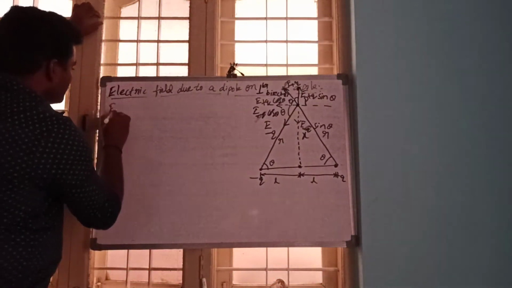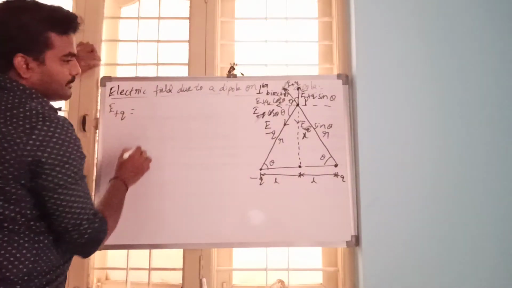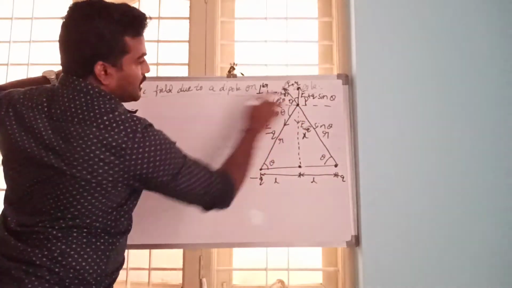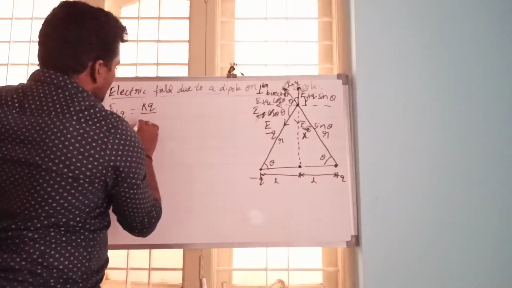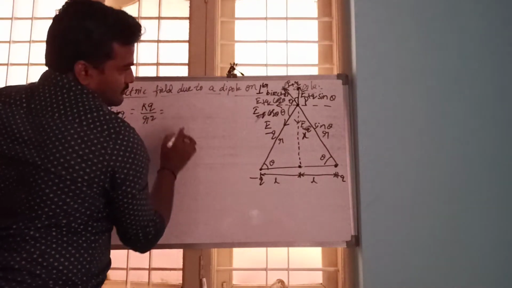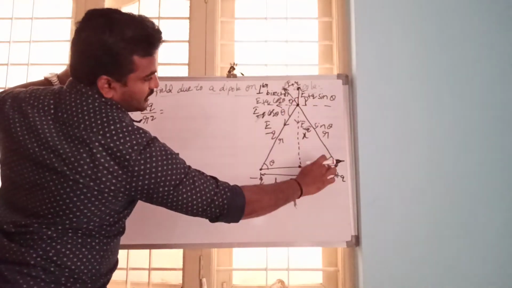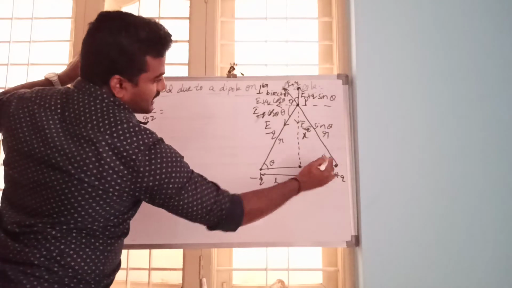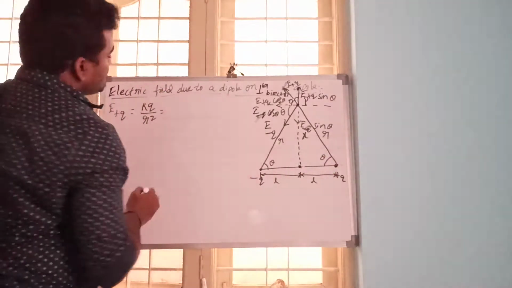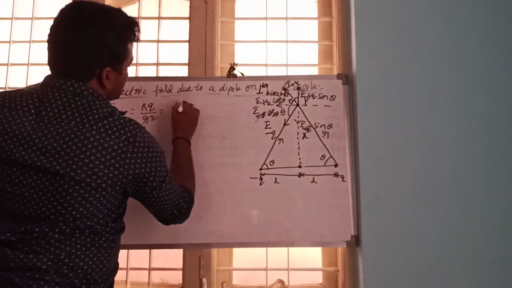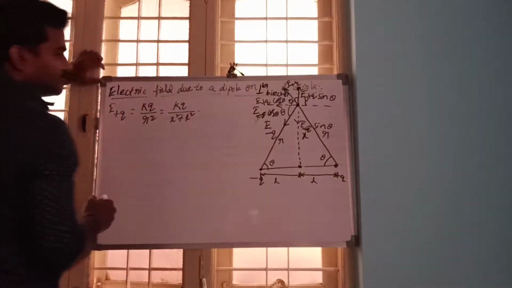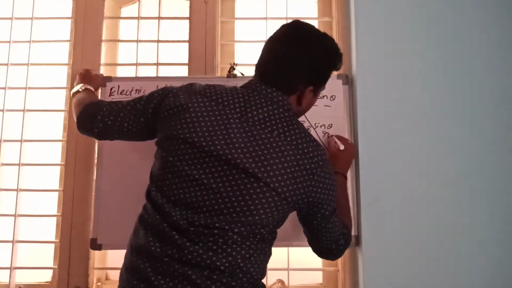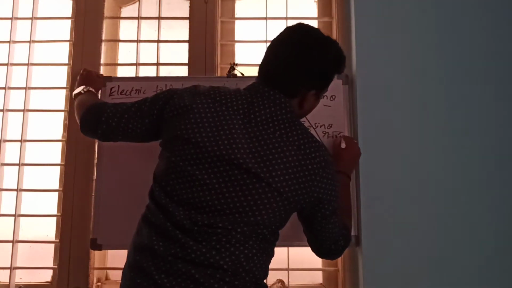Now the electric field due to plus q at a distance of r will be k q upon r square, where r equals this hypotenuse. Since it is a right angle triangle, side square plus side square equals hypotenuse square. So k q upon x square plus l square, r equals root over x square plus l square.